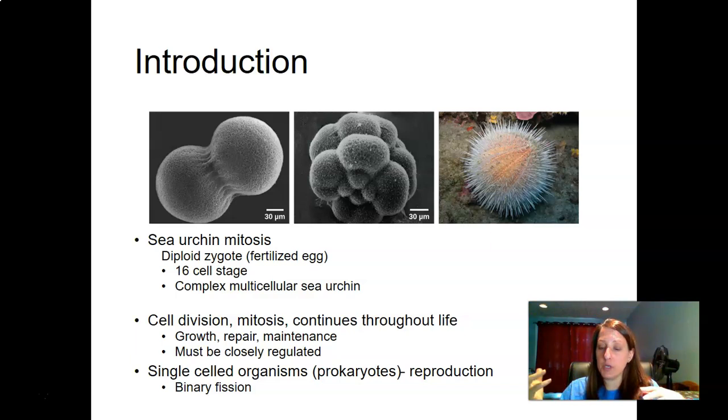You have a sperm from the male parent that is going to fertilize or combine with the egg from the female parent. Each of those structures, they're called gametes, by the way, is going to contain half of the genetic information that is present in the organism's somatic cells, or regular old body cells.